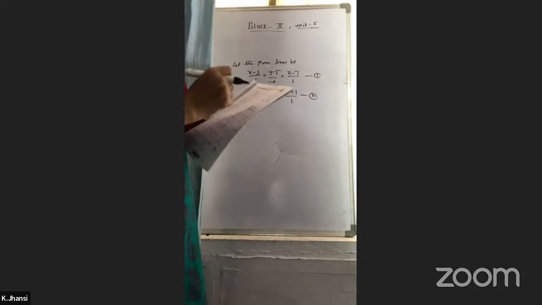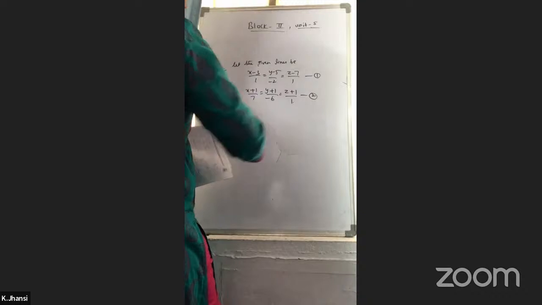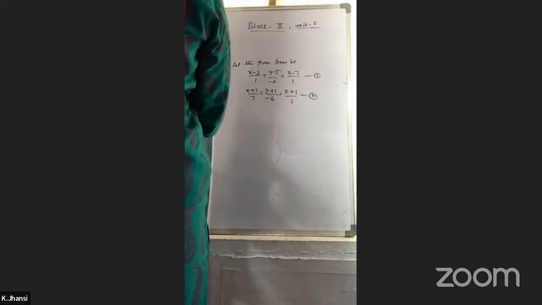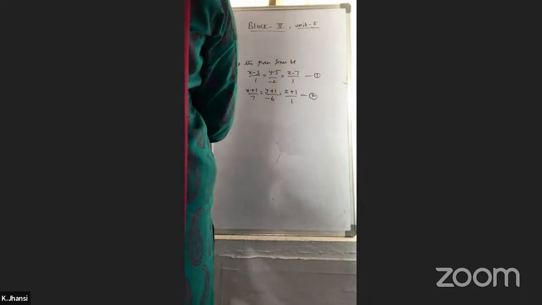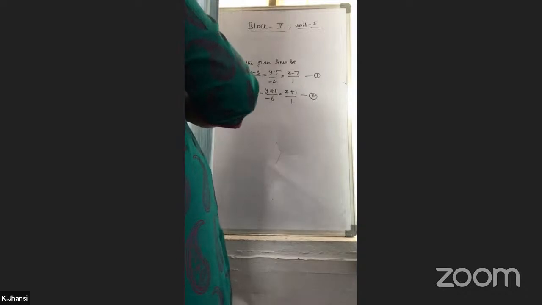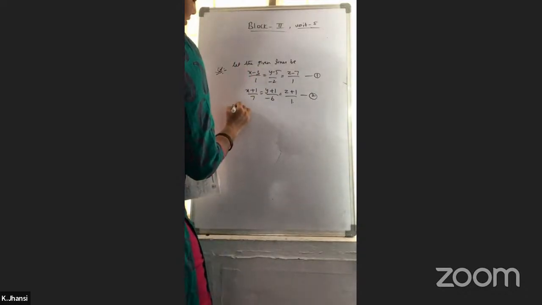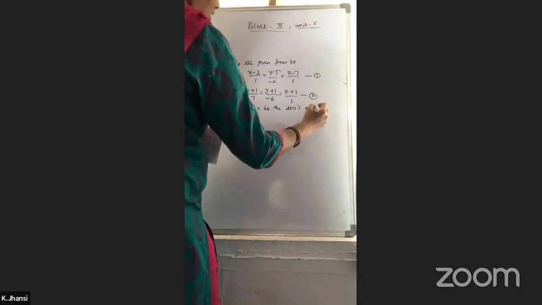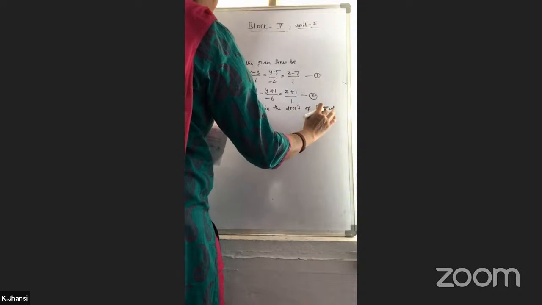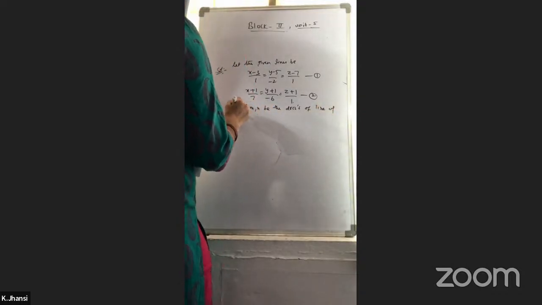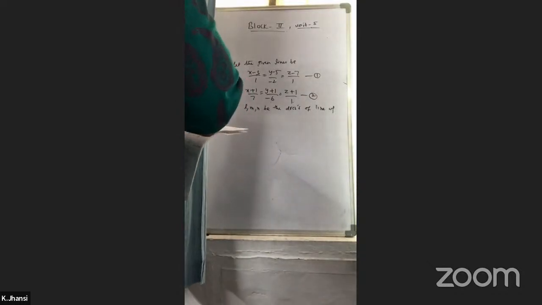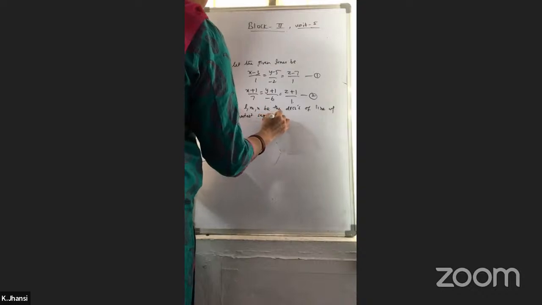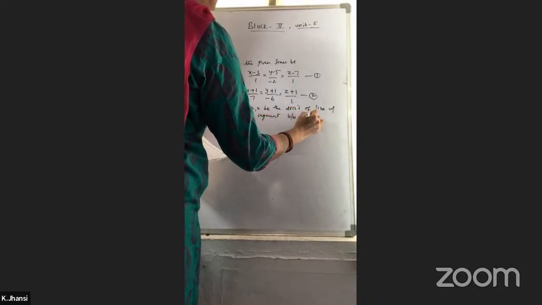Let L, M, N be the direction cosines of the shortest line segment between 1 and 2.